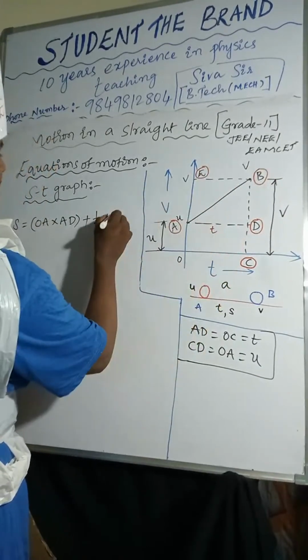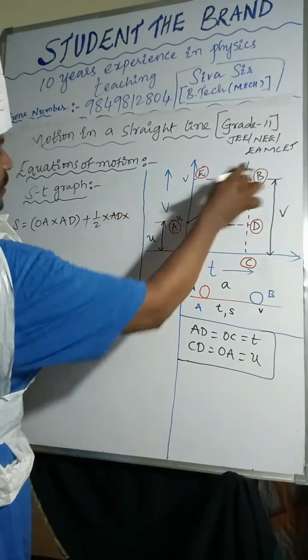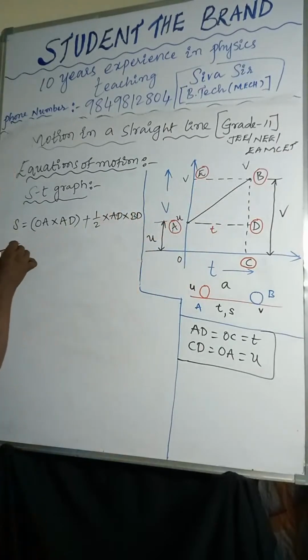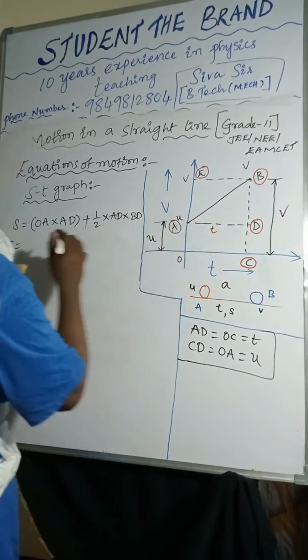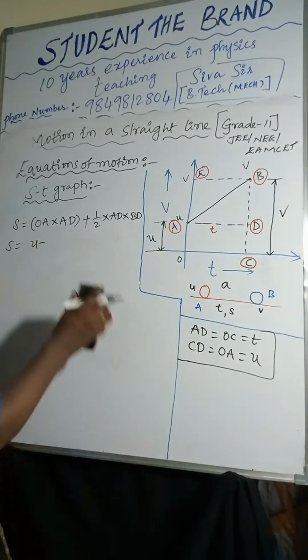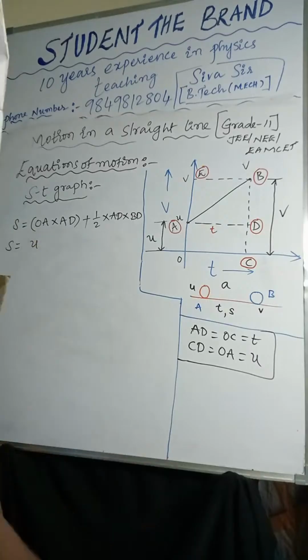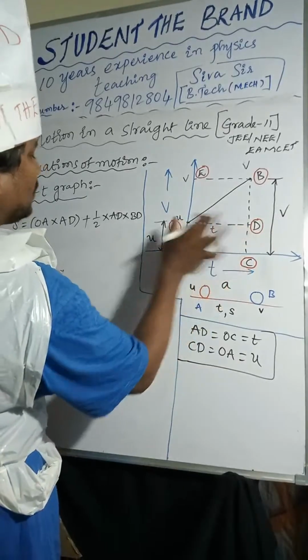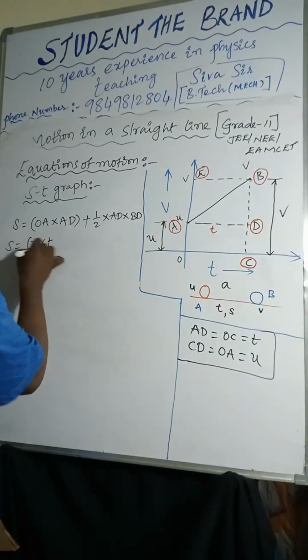The base is AD and the height is BD. Now S equal to OA, the initial velocity, into AD. AD is equal to T.